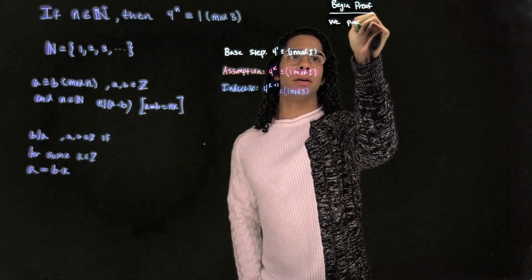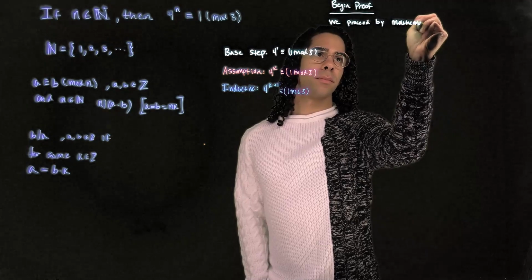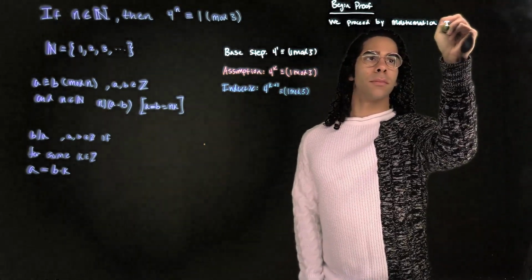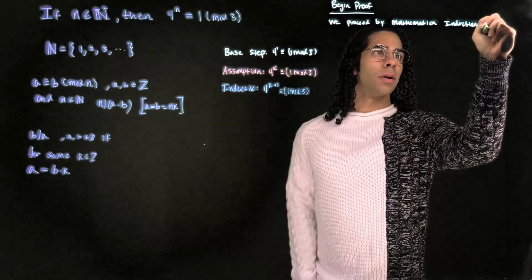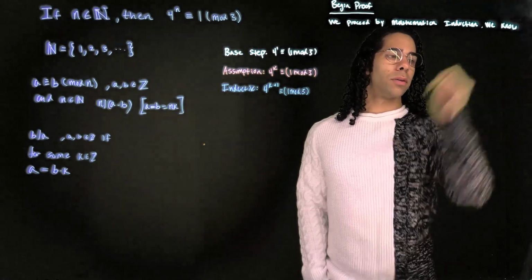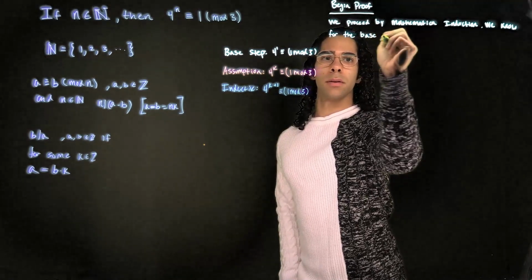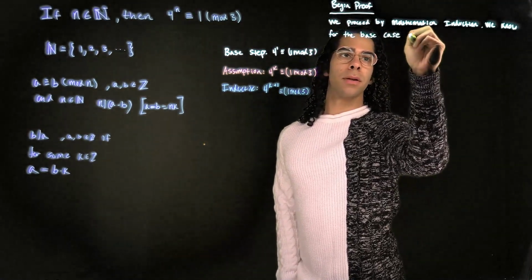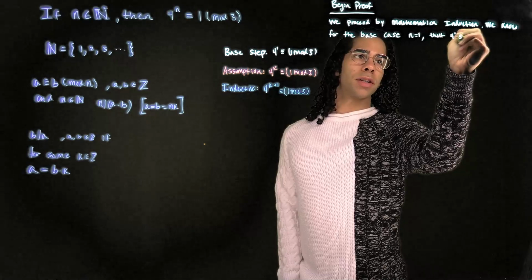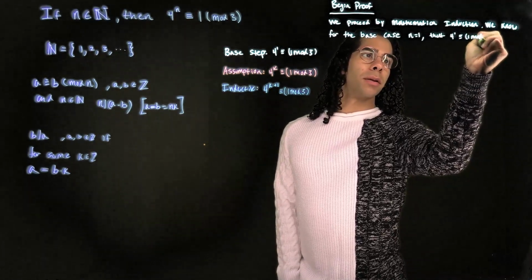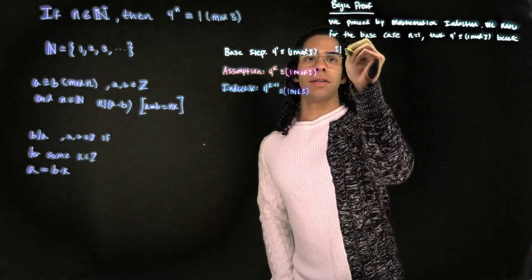We proceed by mathematical induction. We know for the base case n equals 1, that 4 to the 1 is congruent to 1 mod 3 because 3 divides 4 minus 1.